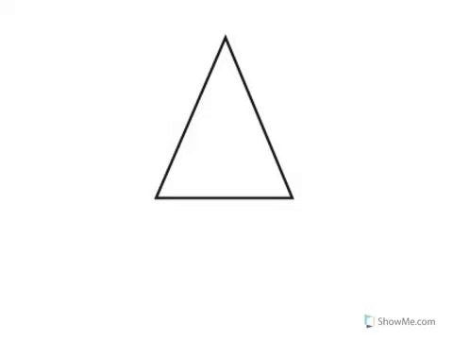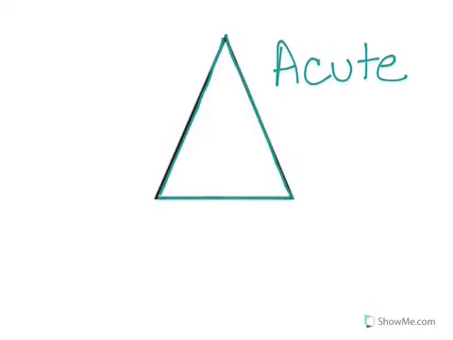Let's look at this triangle. If I name it by its angles, I can see all three angles are clearly less than 90 degrees, making this an acute triangle. I also can tell that this side is longer than this one, and it's also the same length as this side.